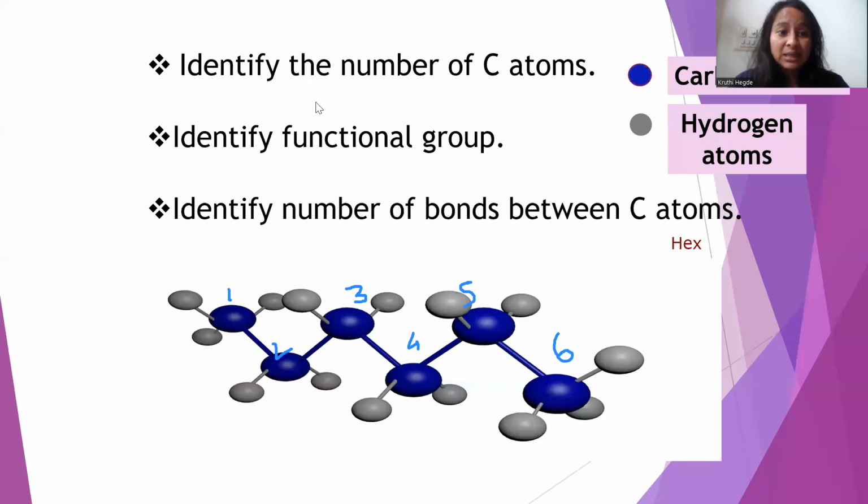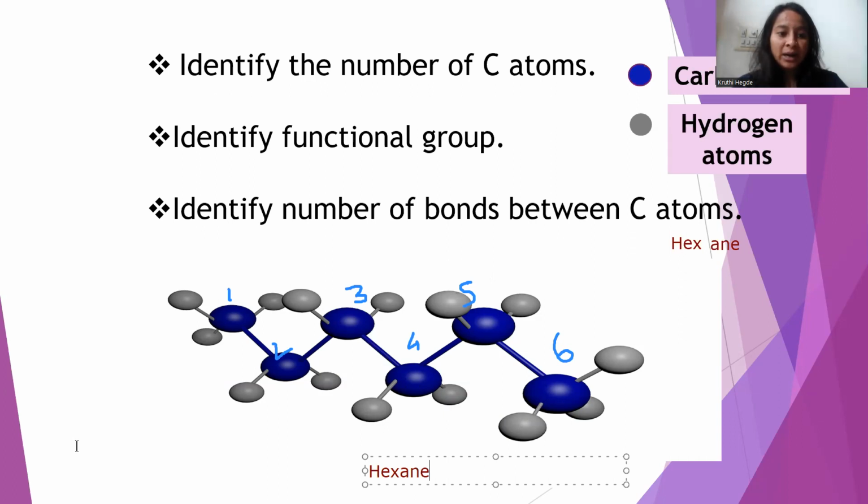If it is a single bond, it should be called ane. So what's the name of this particular carbon compound? Its name is hexane, because 6 carbon atoms are there, a single bond between the carbon atoms, and no functional group. So it is hexane. Got it, children?